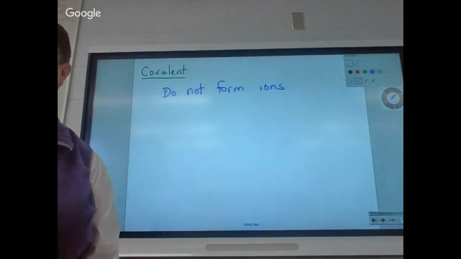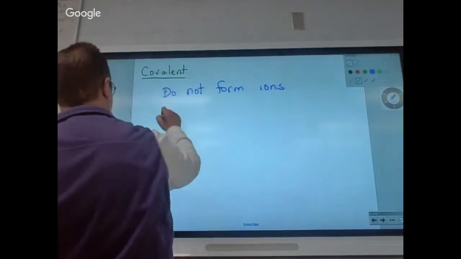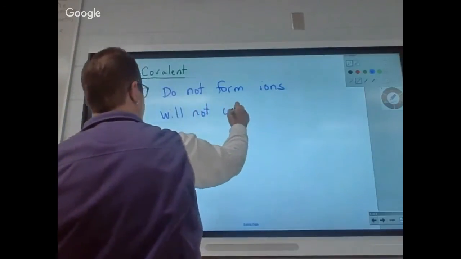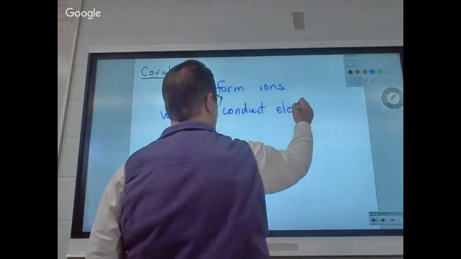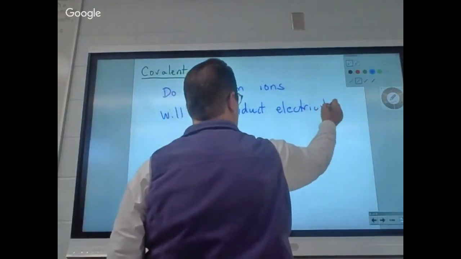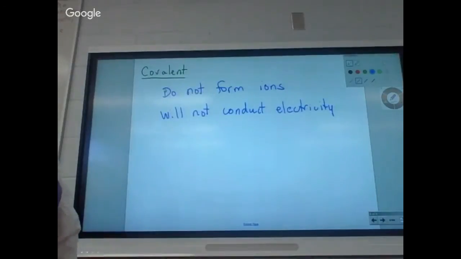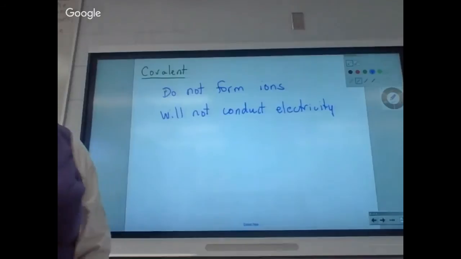They can't conduct. They will not conduct electricity, and we cannot make them conduct electricity, because they don't have ions. There's no way to make them have ions.